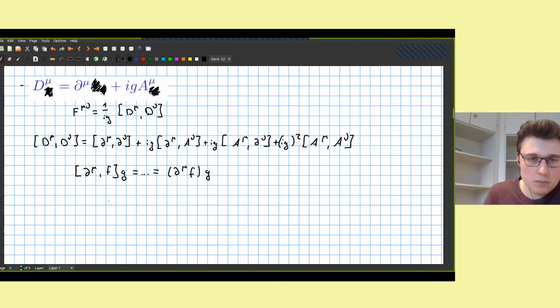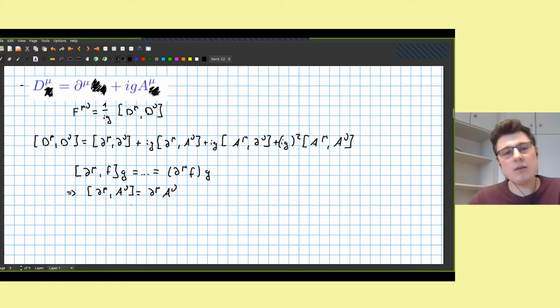So this means that the first commutator [∂_μ, A_ν] is equal to the derivative ∂_μ A_ν. I'm leaving out the brackets here. We actually have no function g that we could apply this on. So in this context, it's not very important.